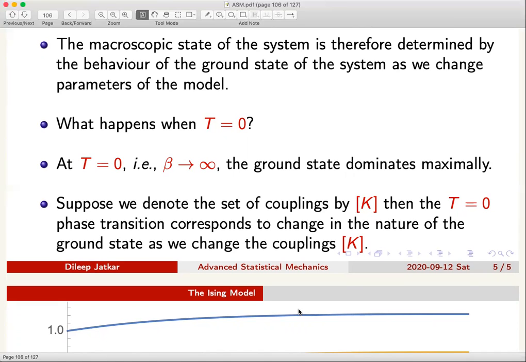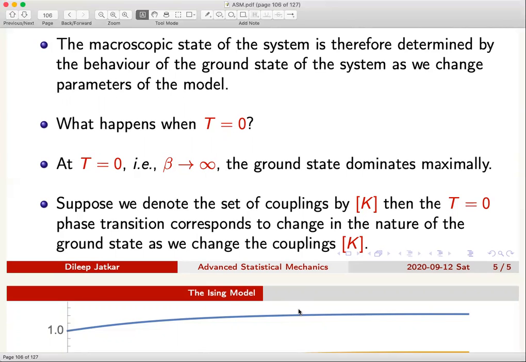Of course, as I said last time also, T equals 0 is a theoretical idealization of the system. But if the temperature is sufficiently low compared to any quasi-particle excitation that you could generate in the system, then that temperature is as good as being 0, because the system would prefer to be in the ground state than exciting any quasi-particle which would require larger thermal energy than the ambient temperature of the system.